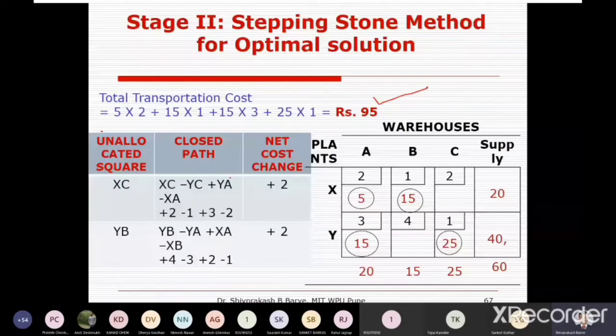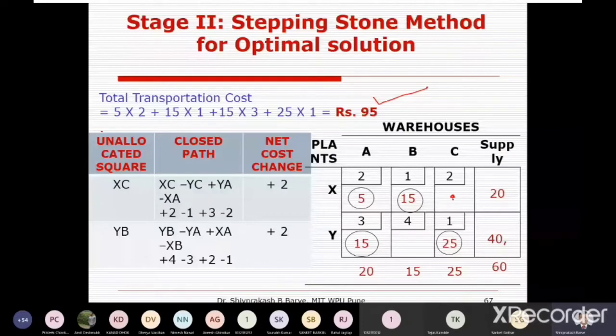Now, for this new solution, also check whether it is the final solution or again there is scope for improvement. And here for YC, if we check for YC, this is YC. So again, we have to make a closed loop for the stepping stone method, and for XC, I have to make a closed loop like this.